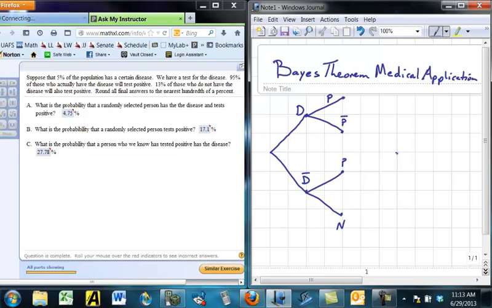Now the tree on the right will go this way. It'll say positive or not positive first, and then it will go from there to whether you have the disease or no disease.